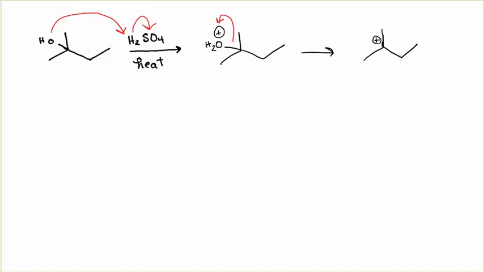Now we look to see, is it going to react with a nucleophile or is it going to eliminate? I've told you that heat is added. Since heat is added, it's going to eliminate a beta hydrogen. So I'm going to show water here as the base that's going to eliminate the beta hydrogen. We have two different sets. We have beta hydrogens here and here. If we eliminated one of those, we would form a di-substituted alkene.